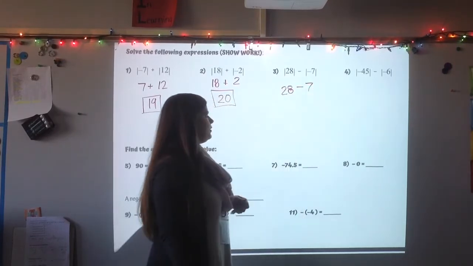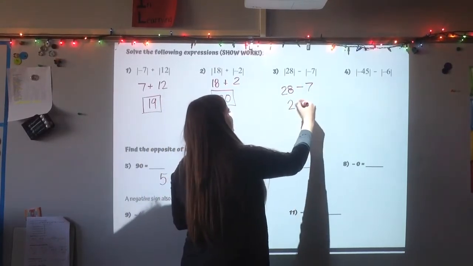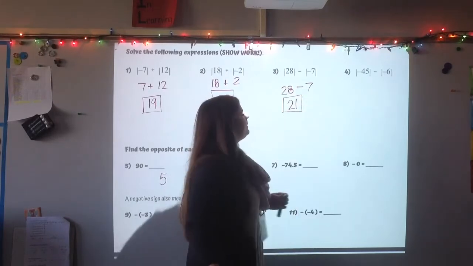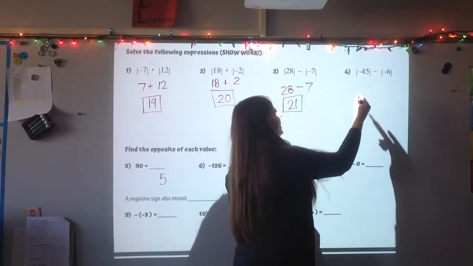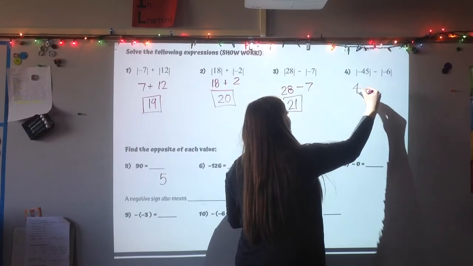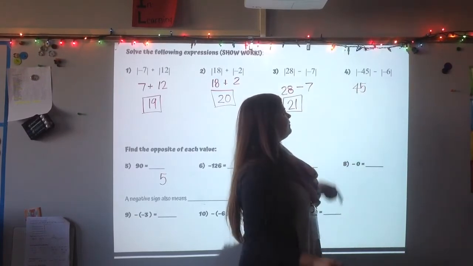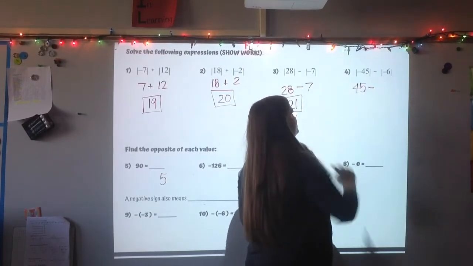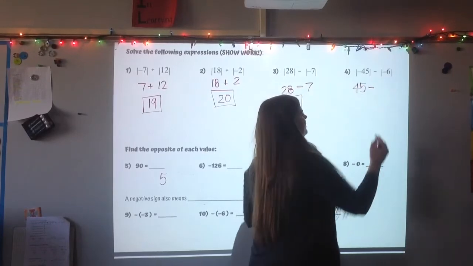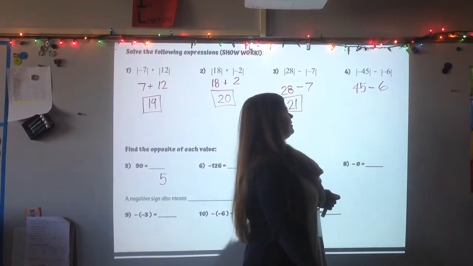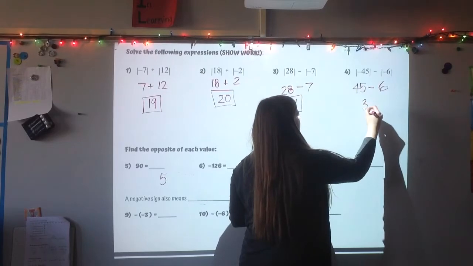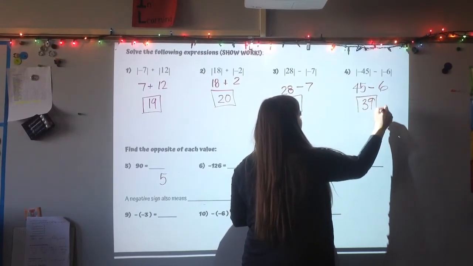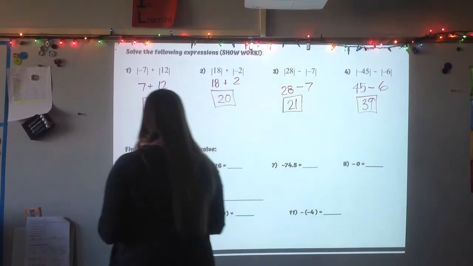So 28 minus 7 is 21. Number 4, absolute value of negative 45, that's 45 away from 0, positive 45, minus absolute value of negative 6 is 6. Subtract, you get 39. Okay?